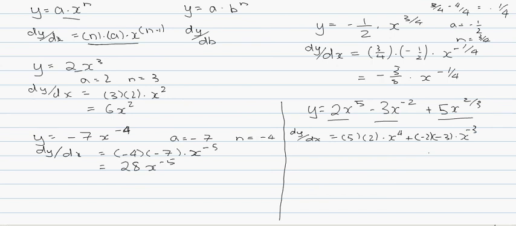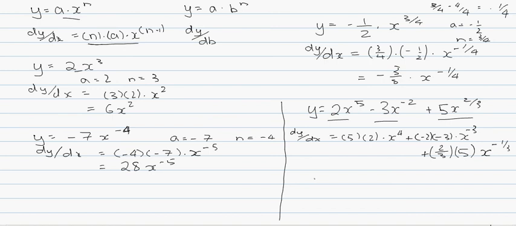And then for our final line, running out of space here, we have this fraction coming down, 2/3, times the number that we had there before, which is 5, multiplied by x to the power of 2/3 minus 1, which is negative 1/3.